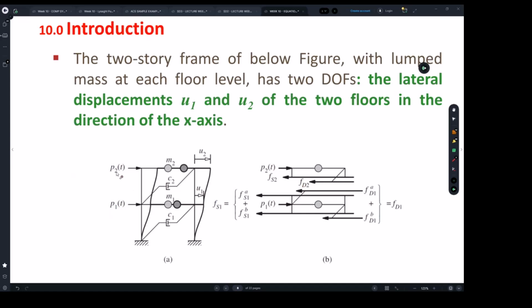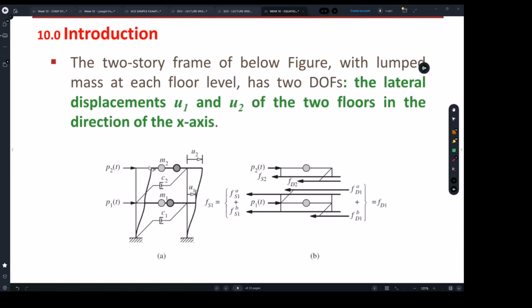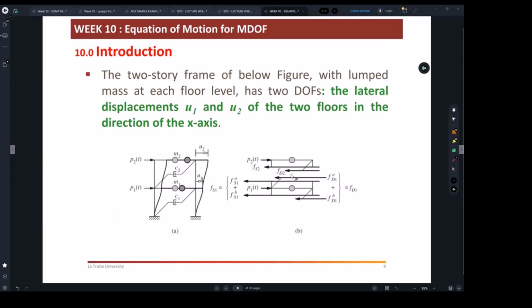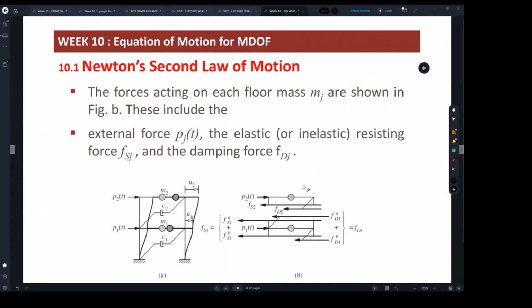In case there are external forces, in the previous weeks we only talked about P, but now we have P1 and P2. P1 is on the first floor, and P2 is on the second floor. So just keep these parameters in mind, so you know how we're going to use them.